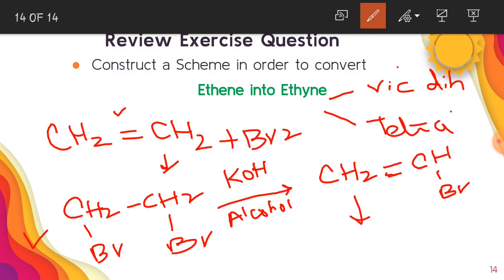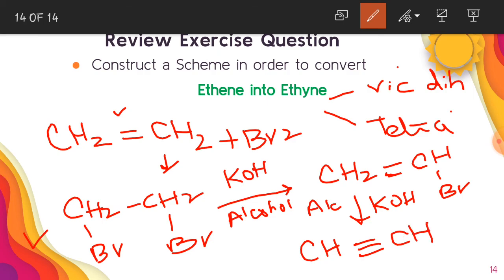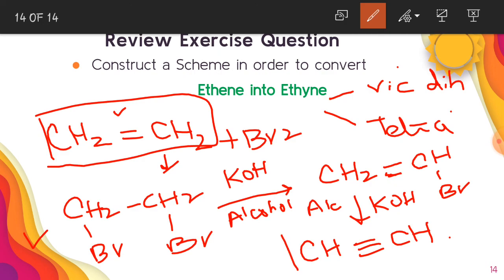Then in the second step it will again react with alcoholic potassium hydroxide to form a triple bond. Now from alkene you have synthesized an alkyne, that is ethyne. So we first converted ethene into vicinal dihalide, and then we did the dehydrohalogenation of this vicinal dihalide to form this ethyne.